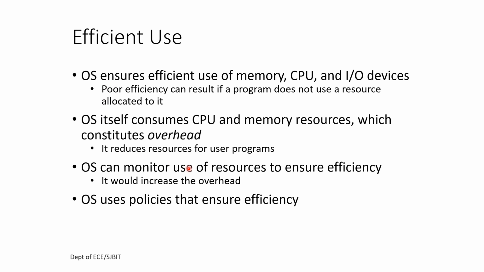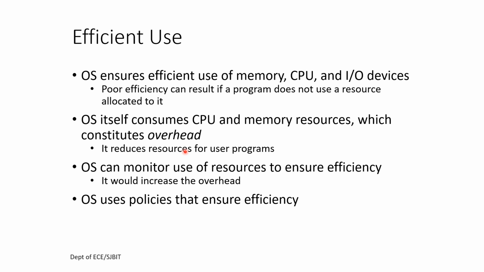Whenever it is necessary, a particular resource must be allocated to the program for execution. Once the program is completed, whatever resource was allocated to it must be removed from that program and put back into the common pool. So this is the efficient use of computer system resources in an operating system.